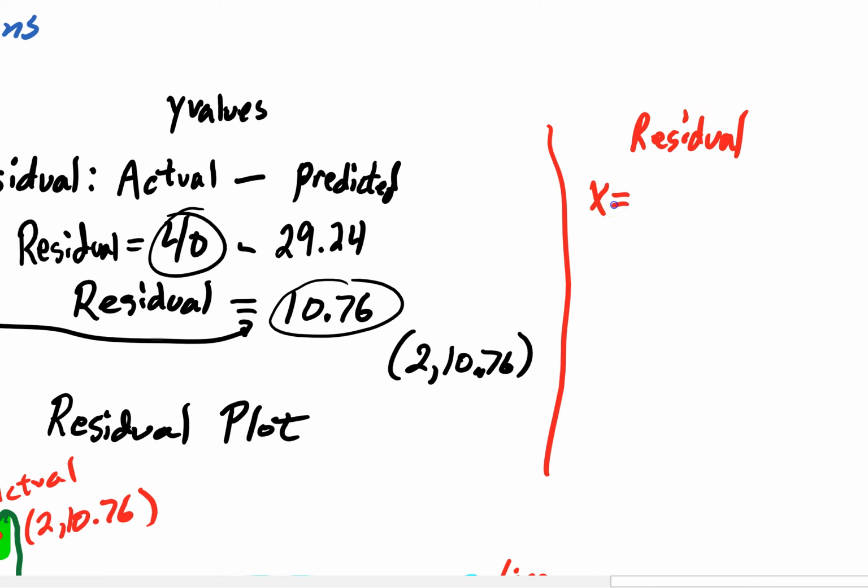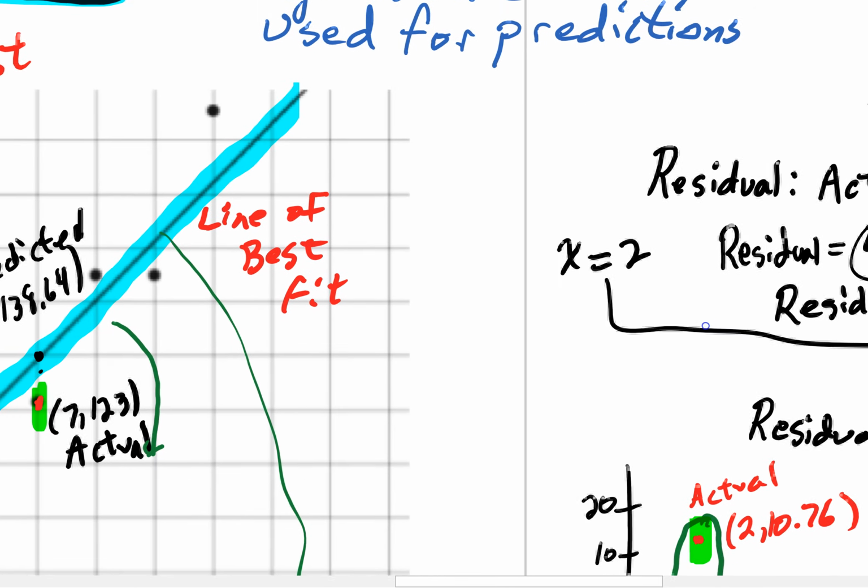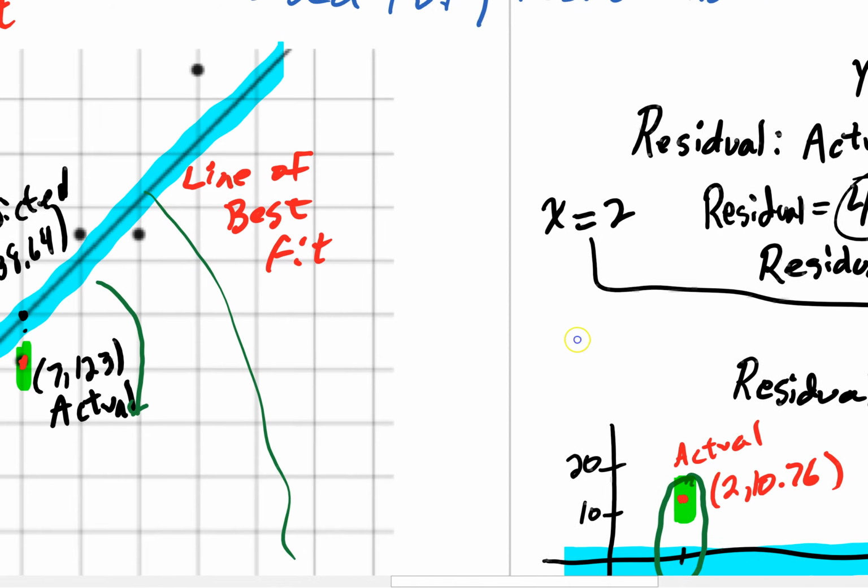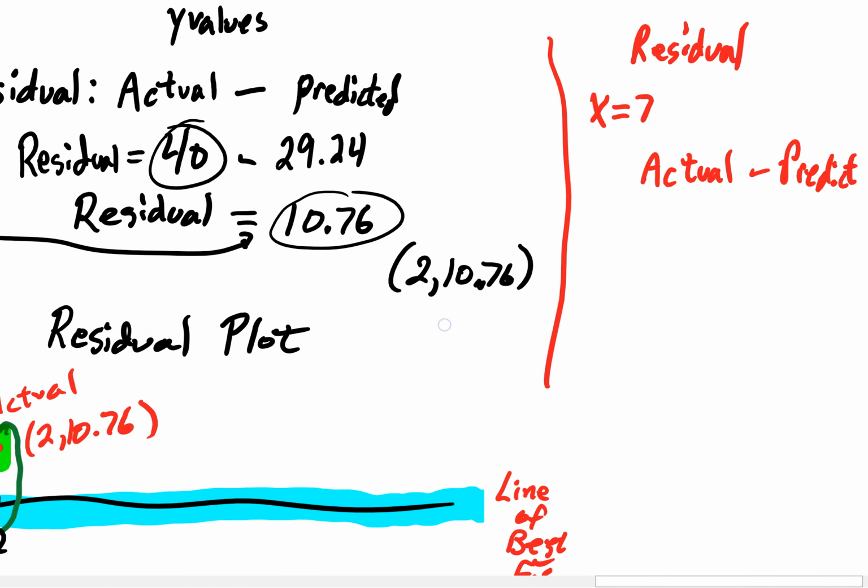If we just did a residual for x equals 7, it's going to be the actual minus the predicted. And you could see that the actual was 123. The predicted was 138.64. So what is our residual going to equal?